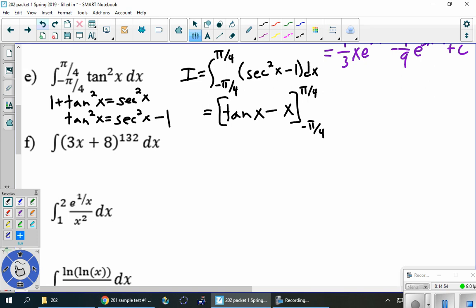And then we're going to substitute. I see that I'm running out of room here. So we go tan(pi/4) minus pi/4. That's plugging in the pi over 4 for both x's, minus, and then we'll plug in negative pi over 4 for both x's.